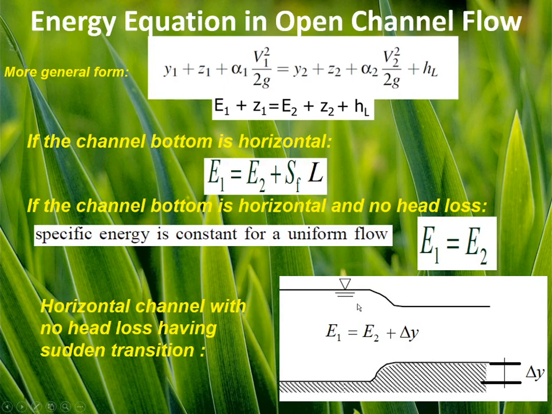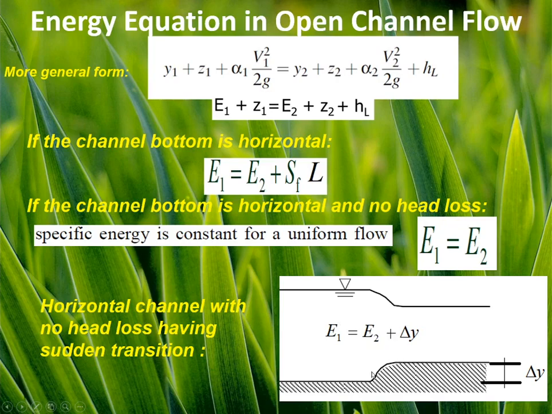Therefore, it is the case of reasons behind rapidly varied flow. You see, this is a rapidly varied flow. Why? Because we have a change in the geometry of the channel, or we have a hump or sudden transition in the bed. How much it increased? It increased equal to delta y.